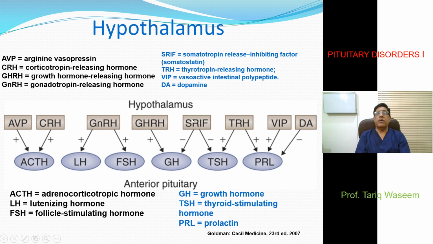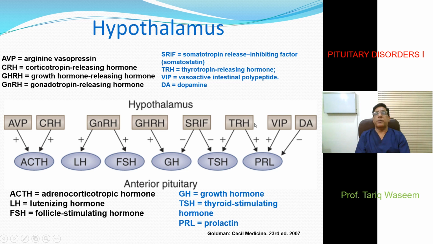But at the same time, this somatostatin has a negative effect on the TSH, so that it inhibits the TSH, leading to lesser TSH production and lesser stimulation of the thyroid gland.